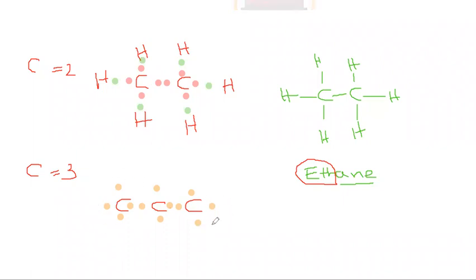So there are 8 unpaired electrons left, so there is the possibility to form other bonds with hydrogen, like this. This is the hydrogen. You have to put each hydrogen sharing with an unpaired electron on the carbon atoms. So these are the unpaired electrons sharing with the hydrogen atoms.